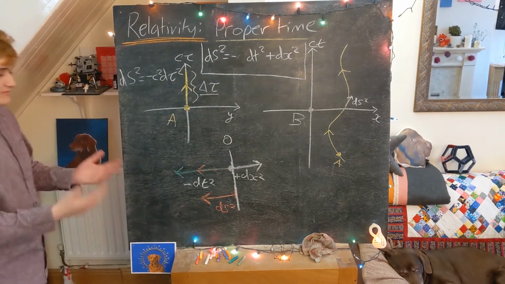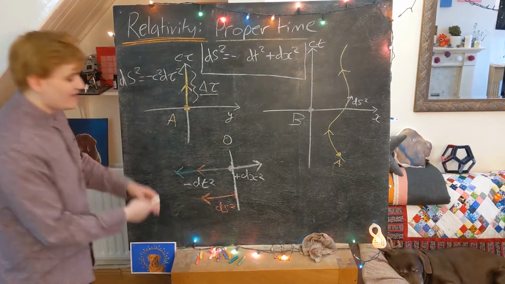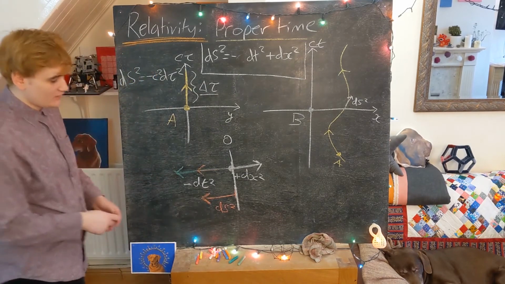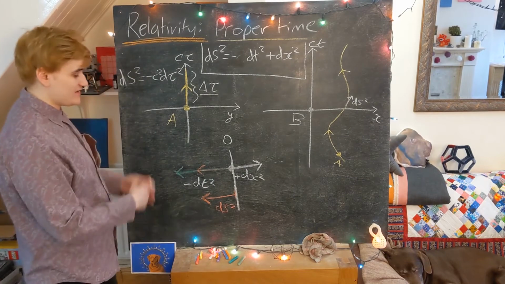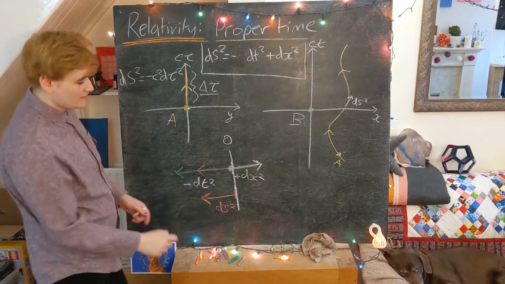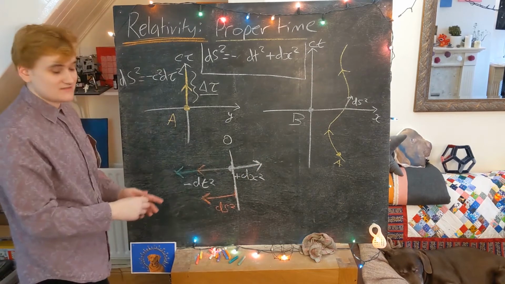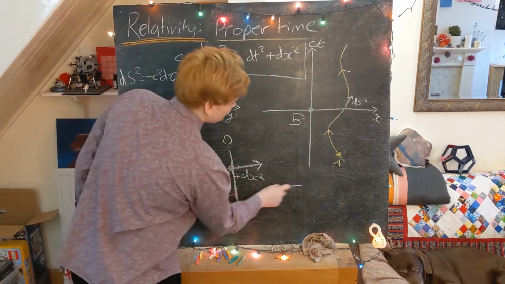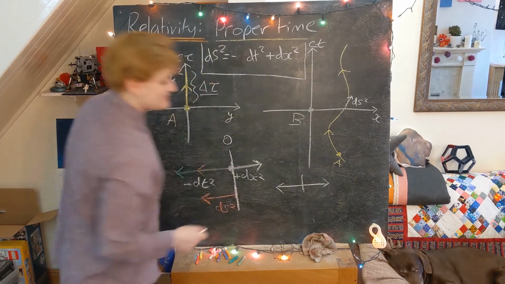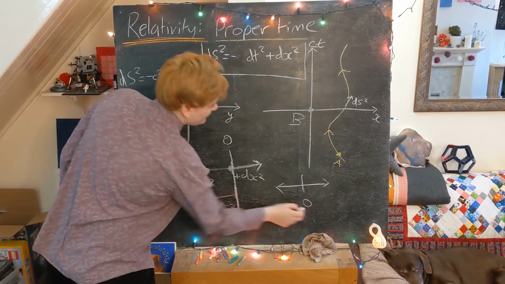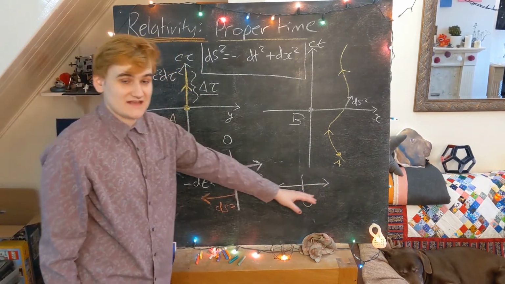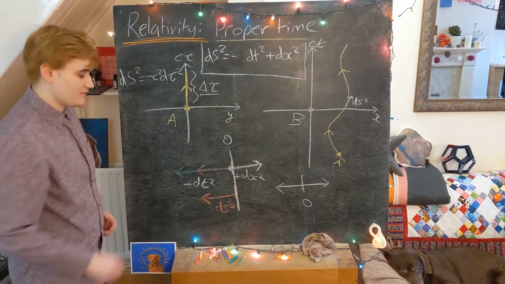And so now you can quite clearly see how all of our possible cases can emerge. We can achieve ds squared being negative, 0 or positive by just correctly scaling these two vectors. So if they're equal, then we get ds squared equal to 0, and then if dx is greater than dt, we get positive ds squared, and likewise for negative.